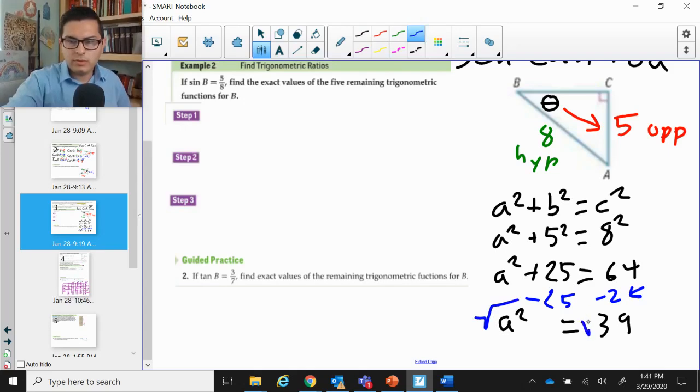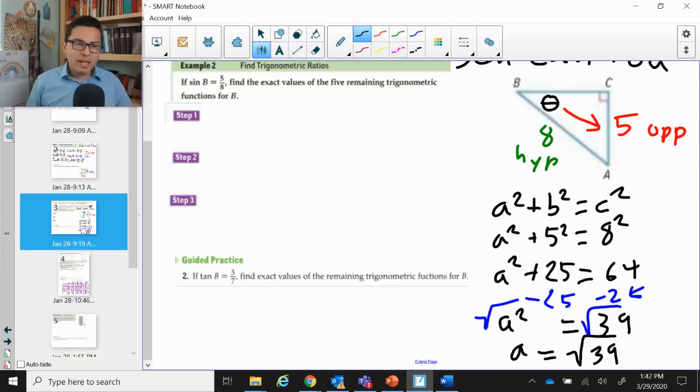So now our a equals square root of 39. Now you may be asking, but wait, 39 does not have a perfect square root, and you will be completely correct. We can just use square root of 39 just like it is. So let's scroll back up to our top numbers here.